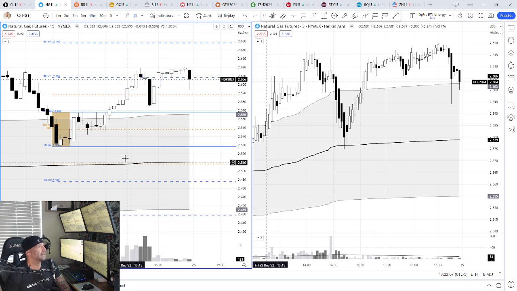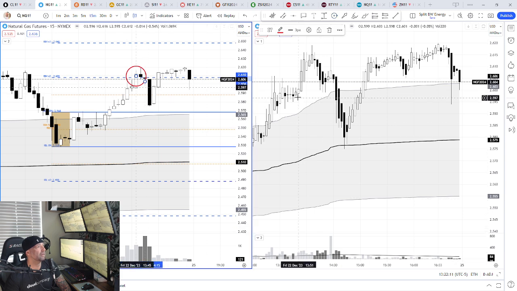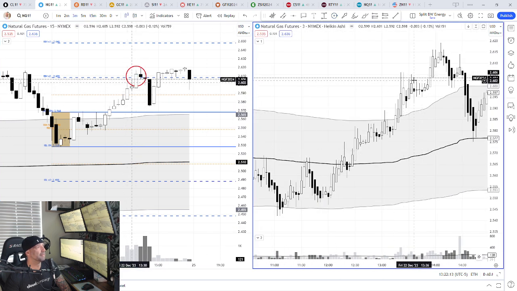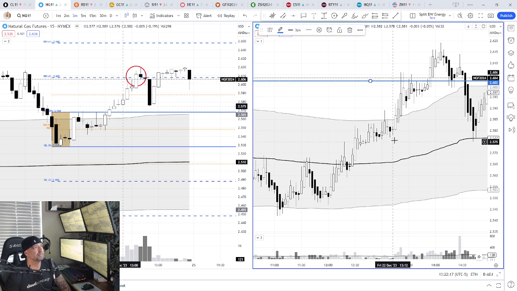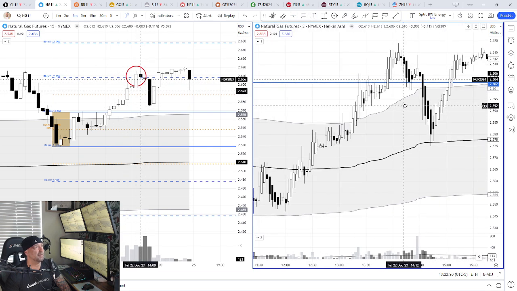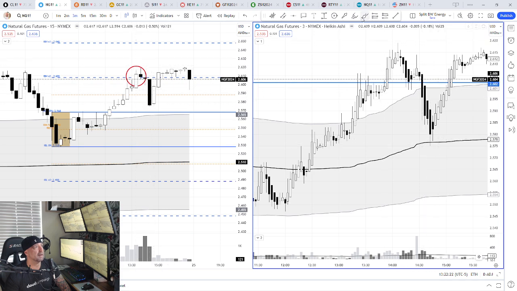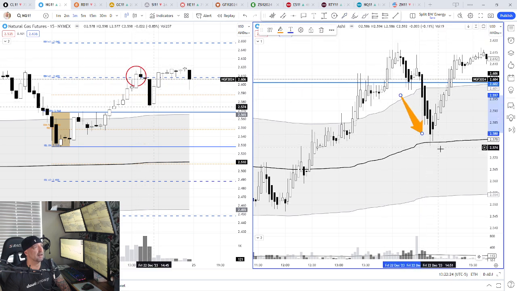Natural gas, looks like we got up to this IB 2X level and experienced some nice sell-off or chop. You know, we did pop above it and we reclaimed, and we got all the way back down to VWAP. So you might have gotten stopped out on this one, unless you took some quick profits.